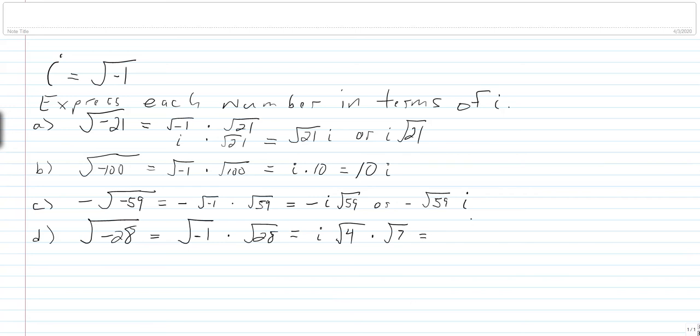And the square root of 4 is the number 2. So I'm going to write this as 2i square root of 7. All right. So you can simplify square roots when you can find perfect square factors like this, right? 4 and 7. You leave the 7 inside the square root, but the square root of the 4 is equal to 2. And that would be the solution.